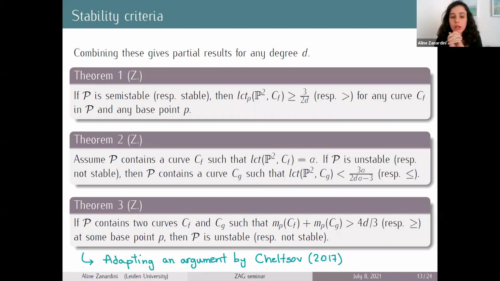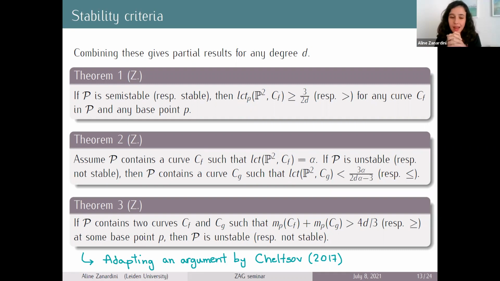If my pencil contains 2 curves such that the sum of the multiplicities at a point is greater than 40/3, respectively greater or equal, and that point is a base point, then I can conclude that my pencil is unstable, respectively not stable.